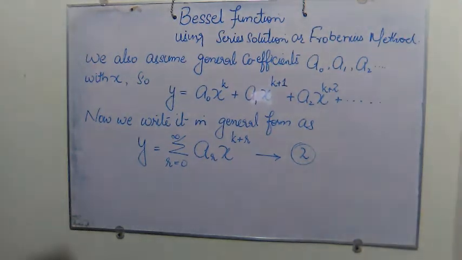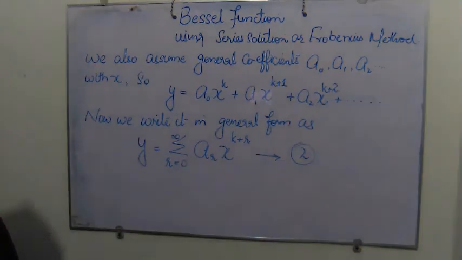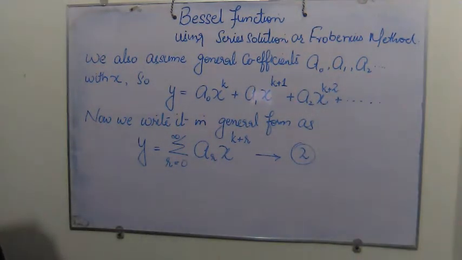So we have a final form by first assuming that the function may have minimum power k, and then there must be some coefficients with the polynomial.